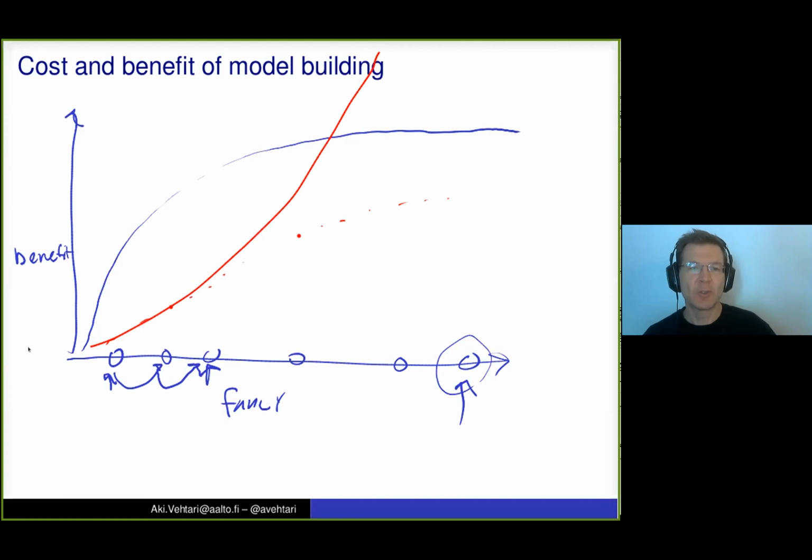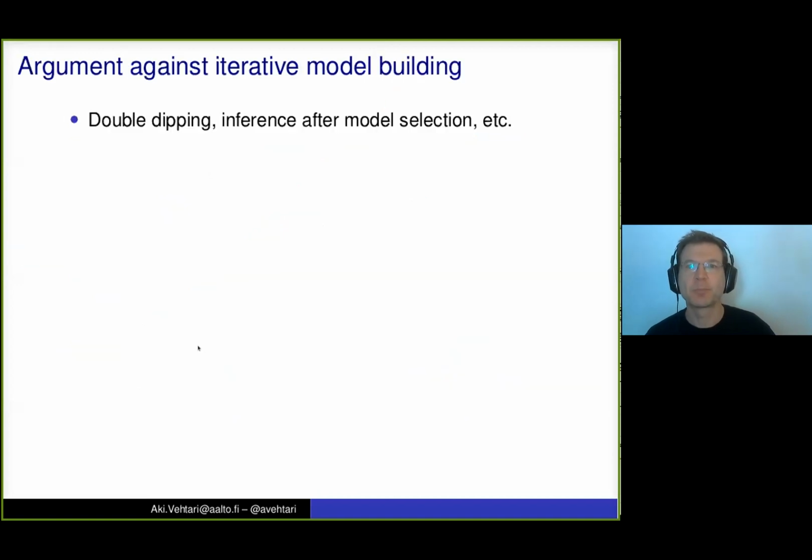We try also to make it so that more people would be able to more easily build these more fancy models and get bigger benefits. So I described different reasons for why we advocate this iterative model building.